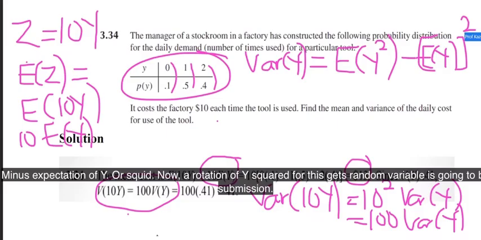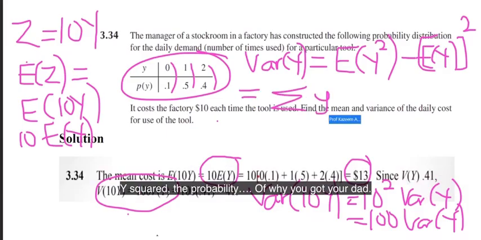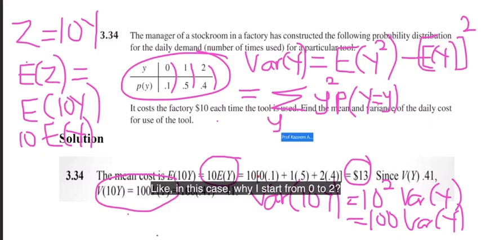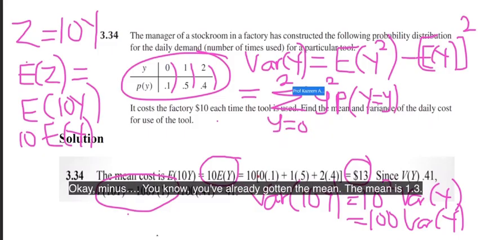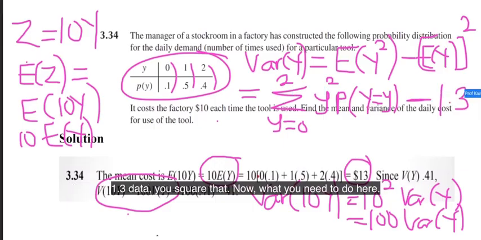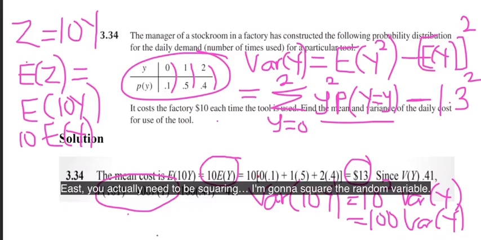Now, the expectation of y squared for a discrete random variable is the summation of y squared times the probability of y equal to that value, like in this case, y starts from 0 to 2, minus the mean you've already gotten, which is 1.3, then you square that. Now, what you need to do here is you actually need to be squaring.